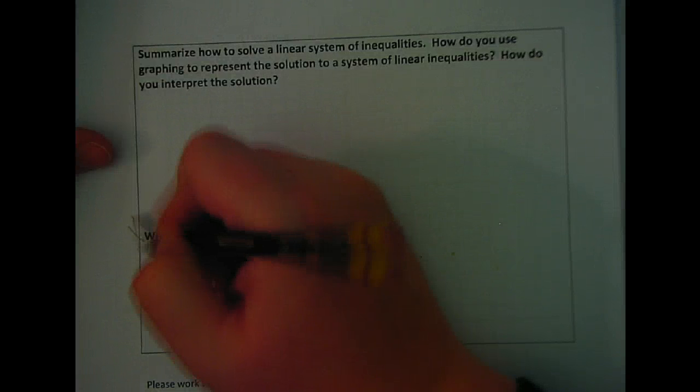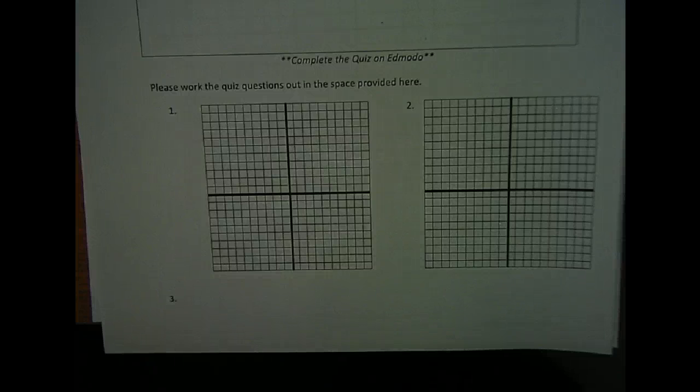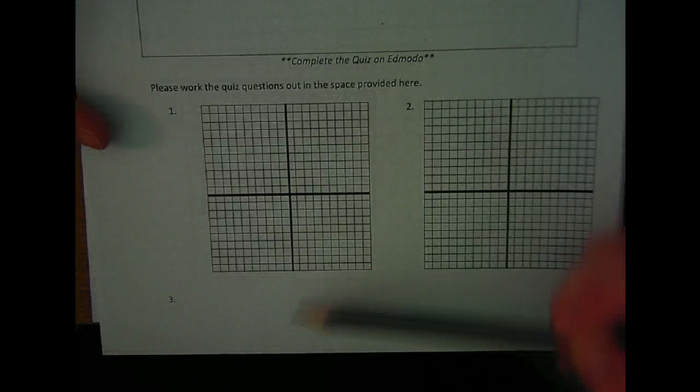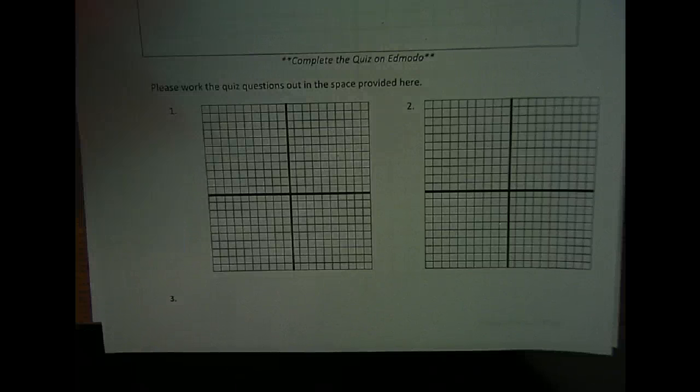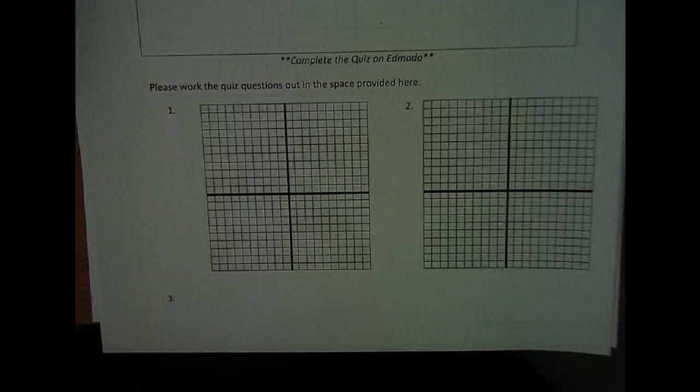Let me know what questions you still have so that I can answer those. And then something new tonight. When you complete your quiz, I would like for you to work out your quiz questions in these 3 spaces. Okay, question 1, question 2, question 3. You can write the problem, solve, graph. This way you have this to use on your test.